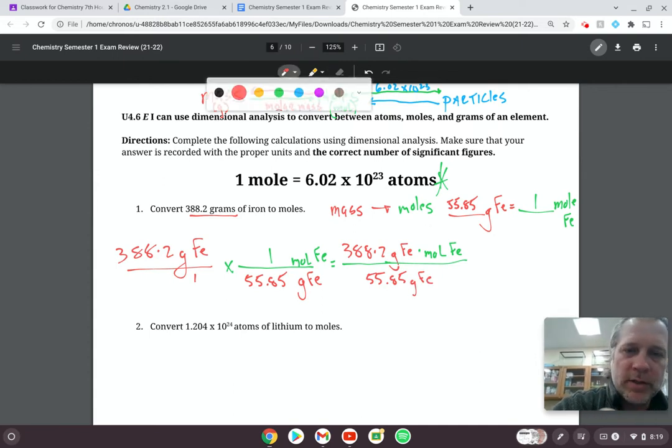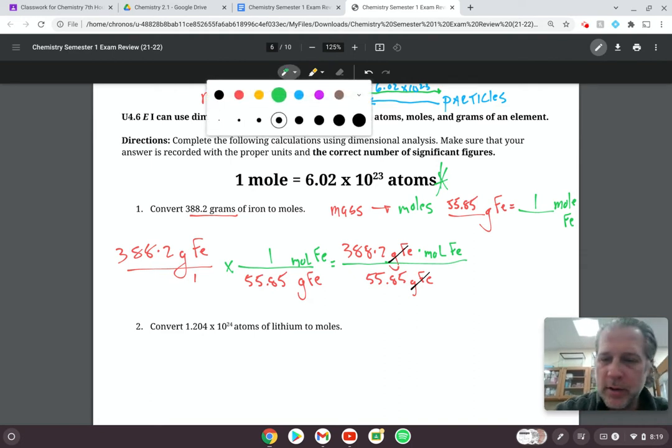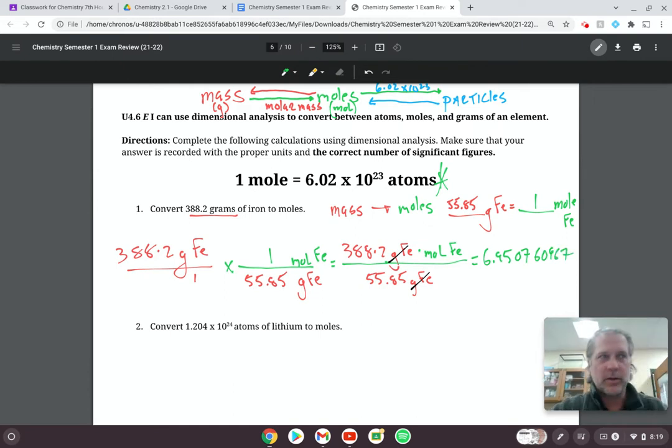So hopefully you can see that the unit for grams of iron cancels out, and we'll be left with moles of iron. So now I'm just going to take the 388.2 divided by the 55.85, and we're going to get a value in our calculator that's something like 6.950760967 or something along those lines.